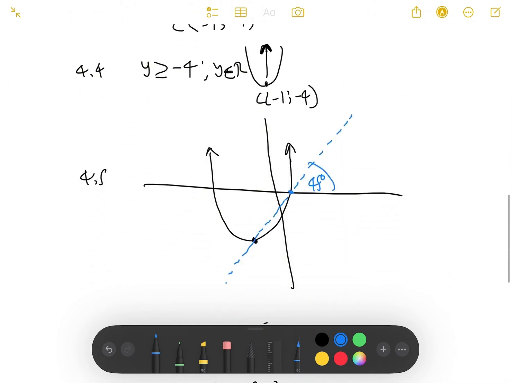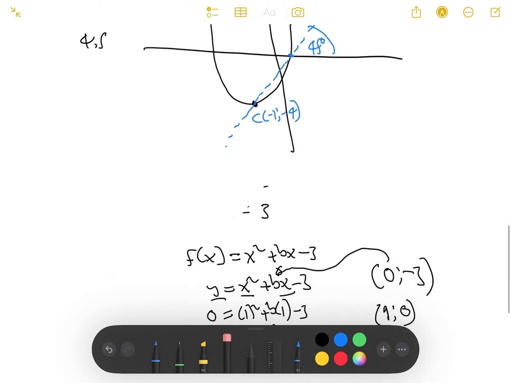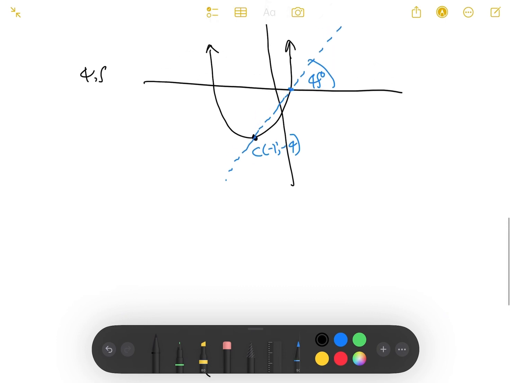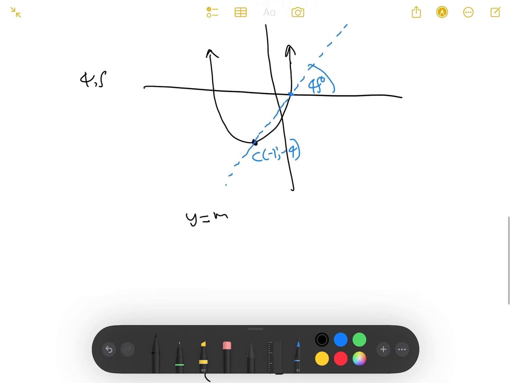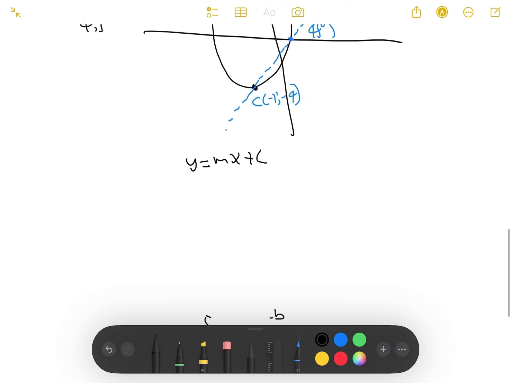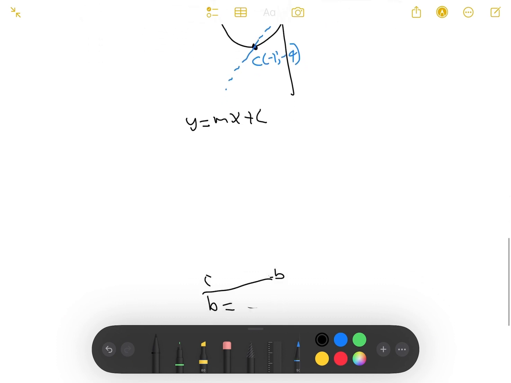So this line starts from C, (negative 1, negative 4), and then it goes all the way up. What we know is that the equation of a straight line is y equals mx plus c, right? Let's begin with our gradient. What will be our gradient?